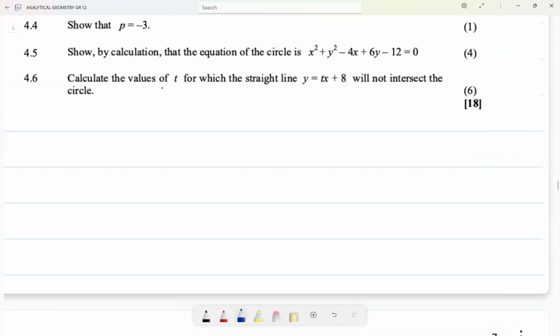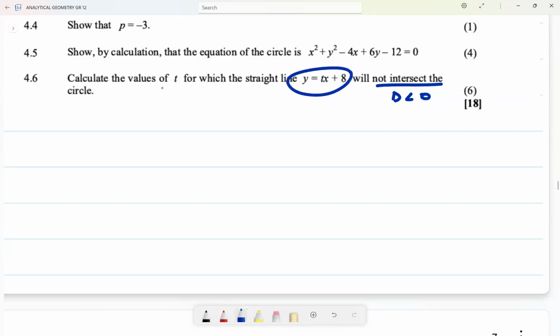For them not to intersect, the discriminant should be less than 0. If they said for this one to become a tangent, the discriminant should be equal to 0. If they said for it to touch it more than once, the discriminant is greater or equal to 0. So here we want where it does not intersect.